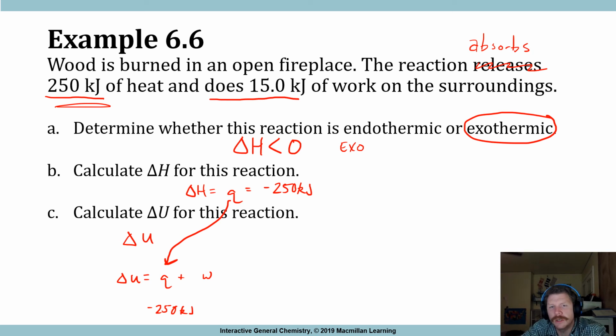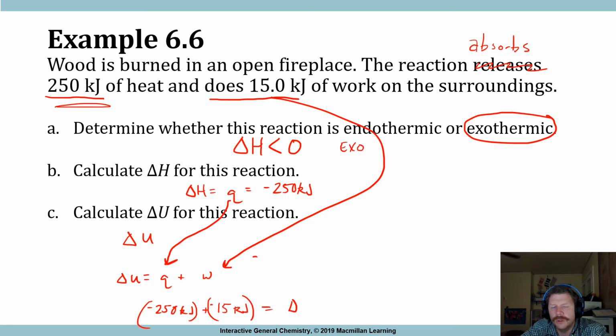So that's work done to the surroundings, in which case this value is also going to be a negative value. So it's negative 250 plus negative 15 kilojoules. Therefore, our delta U, which is a state function, a change in internal energy, is equal to negative 265 kilojoules. Okay. Now, I hope that was a helpful explanation.